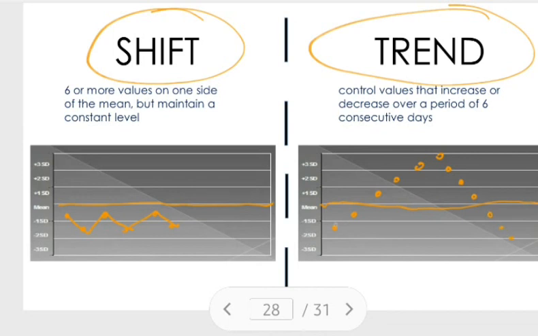So 6 values for 6 consecutive days that either increase or decrease, and that is your trend. The main causes of trend are deterioration of reagents and deterioration of the light source of the spectrophotometer.